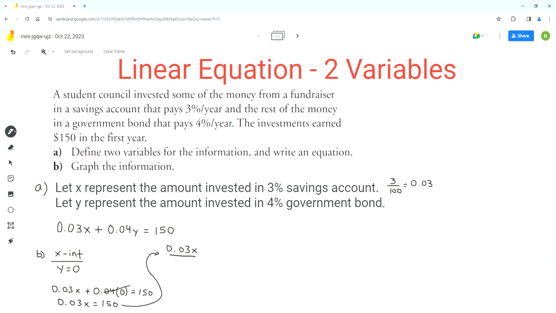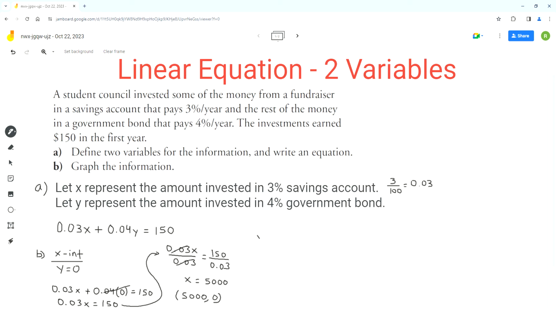So that's why we have to divide both sides by 0.03. So 0.03 on the left side cancel each other out and I got 5,000. So that's the x-intercept for this linear equation, and it can also be written as an ordered pair as (5,000, 0).